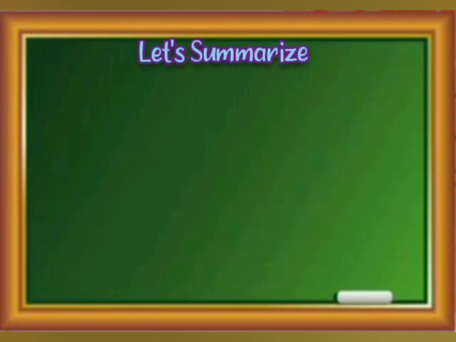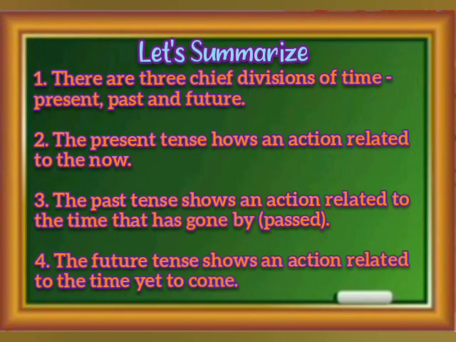So, dear students, in this chapter we have learned that there are three chief divisions of time. They are present, past, and future. The present tense shows an action related to the now. The past tense shows an action related to the time that has gone by or passed. And the future tense shows an action related to the time yet to come.